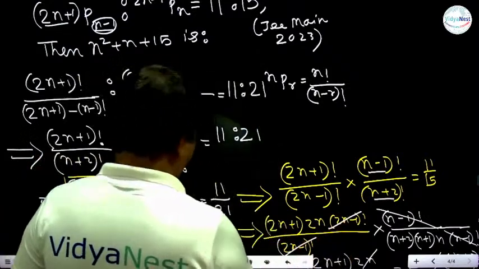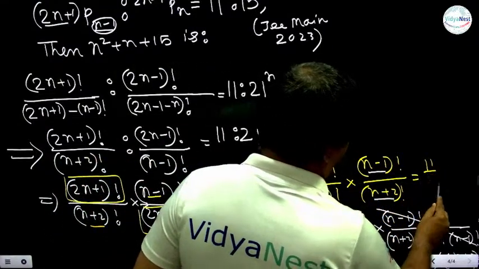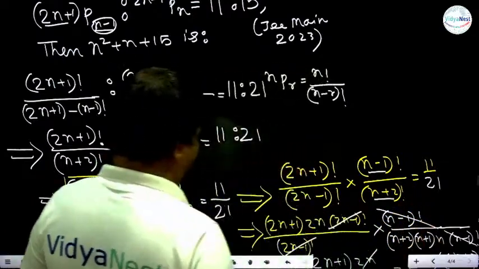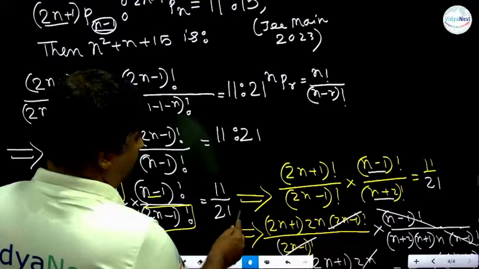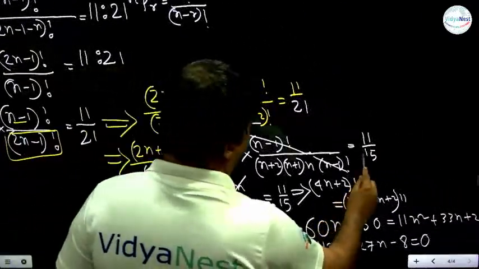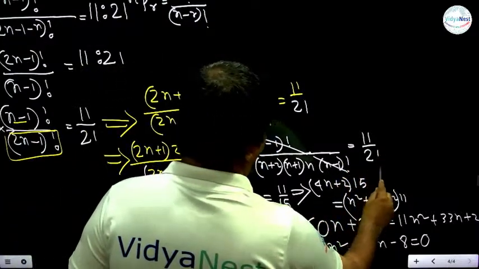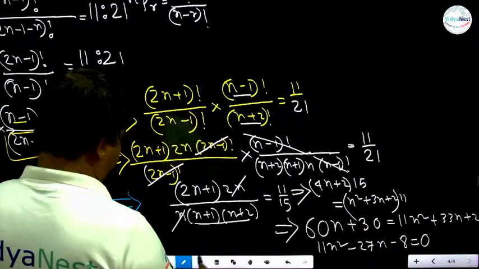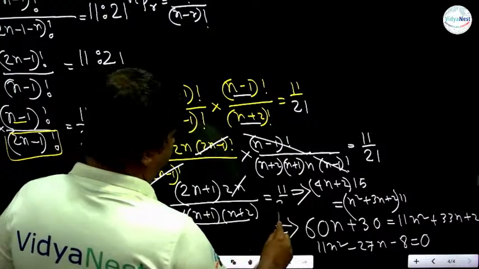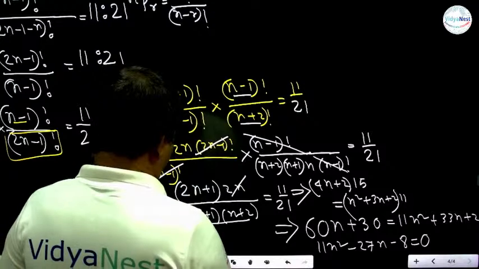This is 11 is to 21. Okay, sir. Wrongly copied. It happens sometimes, human error. It is 21.